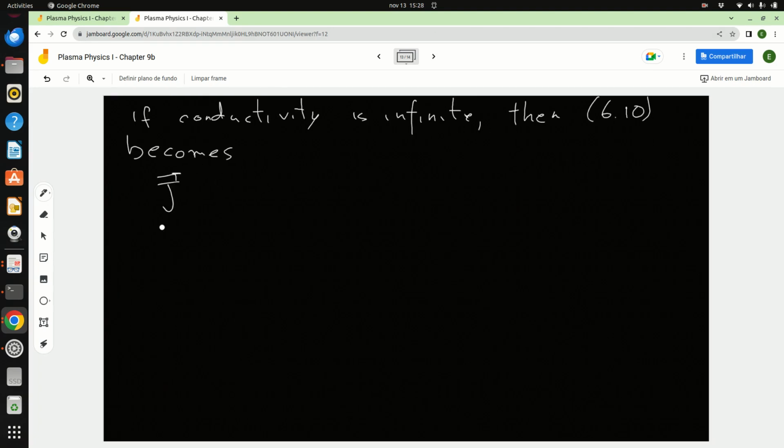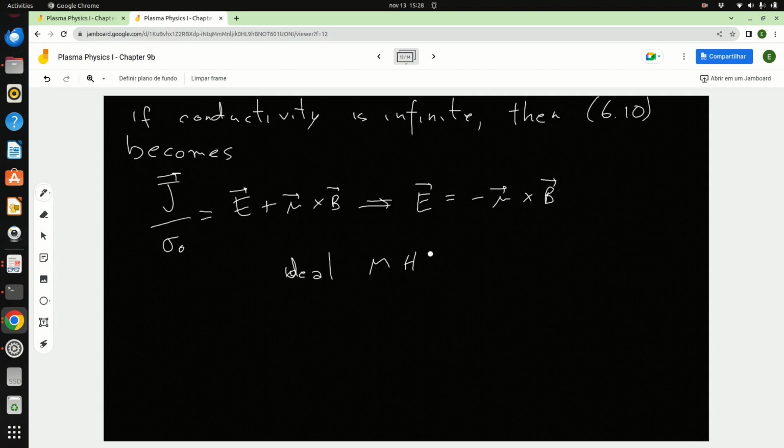You have J over this, E plus U cross B. Then you can obtain the electric field, if you want, just from this. And then you have ideal MHD. Ideal means infinite conductivity, no resistivity. Okay, and I think finally this is the end of chapter 9. See you next time in chapter 10.